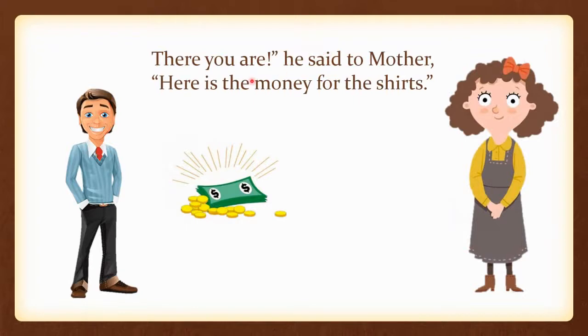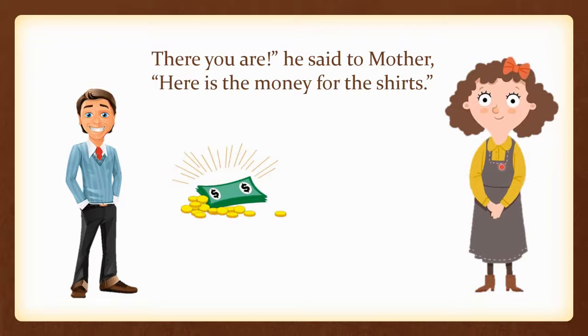"There you are," he said to mother. "Here is the money for the shirts." So now the farmer Mohan saw mother and said, "There you are." And he gives money to mother.